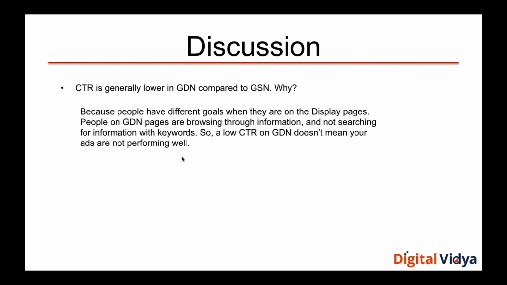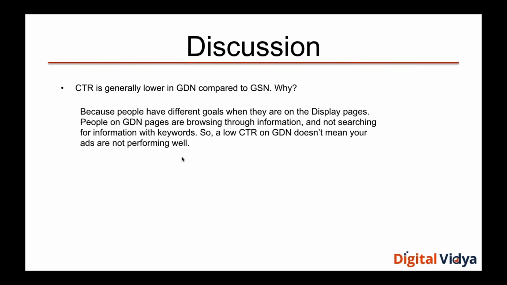What happens on display network? You might be on any website or mobile app, maybe to book your movie ticket, or you might be there to read some article or watch some movie, and then you see an ad. So as Diksha said, you can call it a distraction, or if the ad happens to be very relevant to you, it might capture your attention, right? The basic point remains that on display network, the users are not proactively looking for your ad or your product or service.